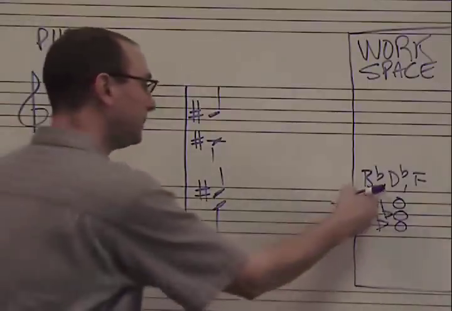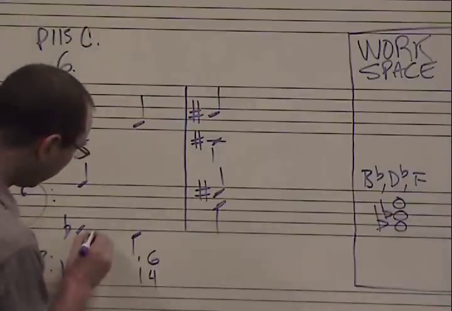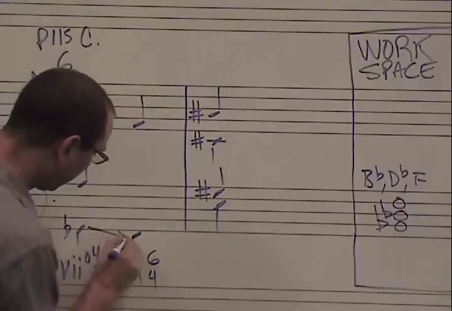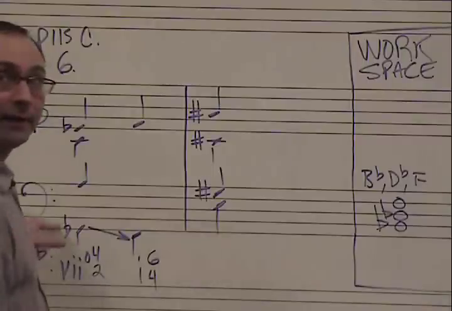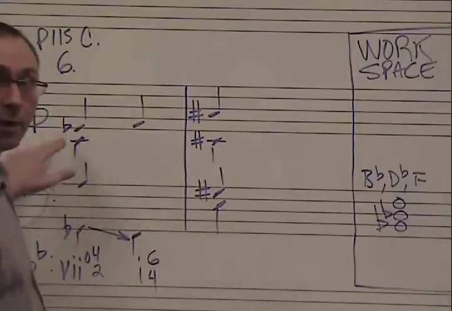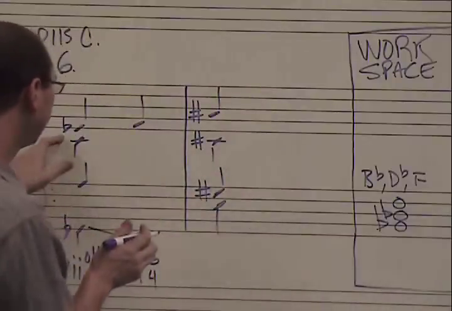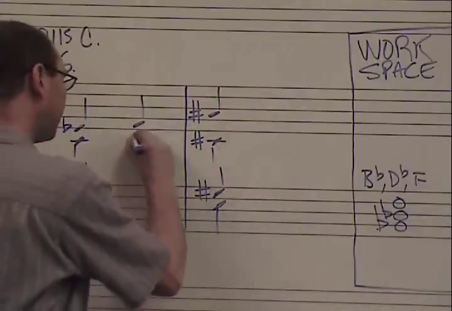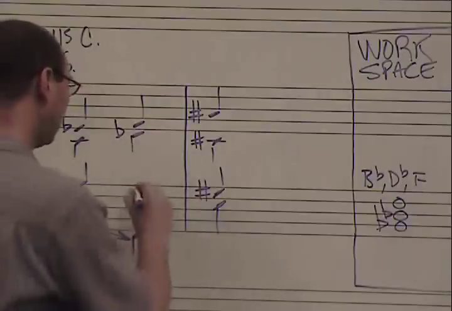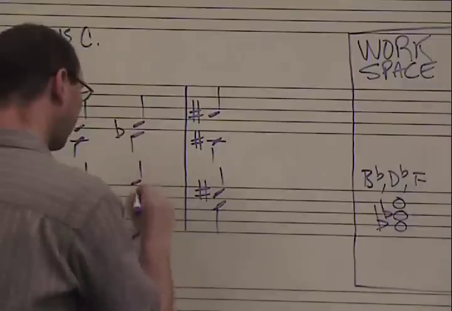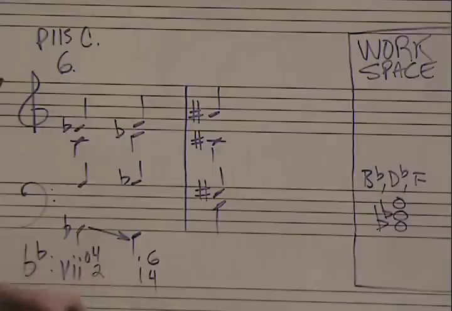That leaves B flat and D flat. G flat moves down by step. G flat and C form an augmented fourth. Now remember, augmented fourths need to go out. So D flat is here, and B flat is what's left here.